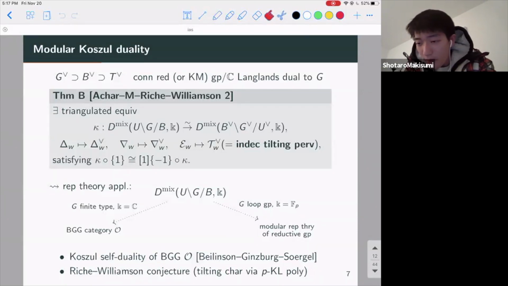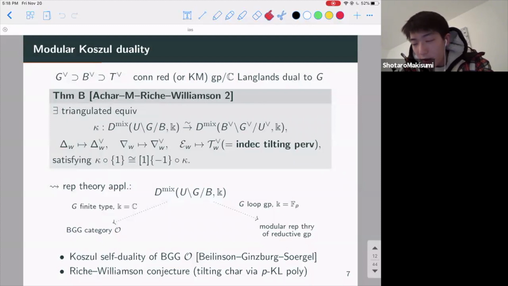And we also replace, instead of the monoidal category B\G/B, we pass to the B-constructible version. And on the right here, I've passed from B̌-equivariant to Ǔ-equivariant. But with that change, we show that there is indeed such a triangulated equivalence that categorifies this involution iota.